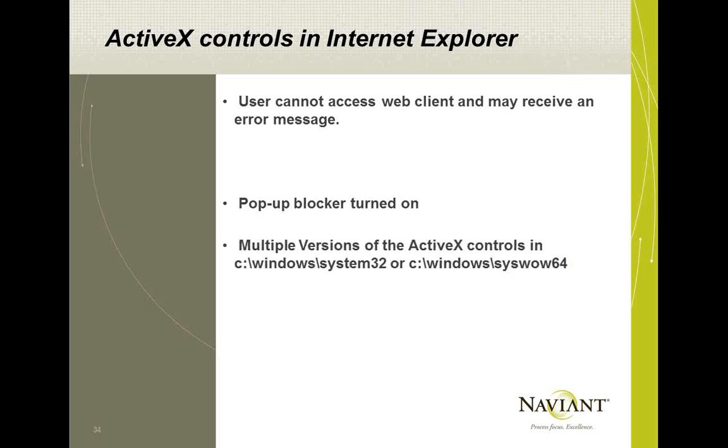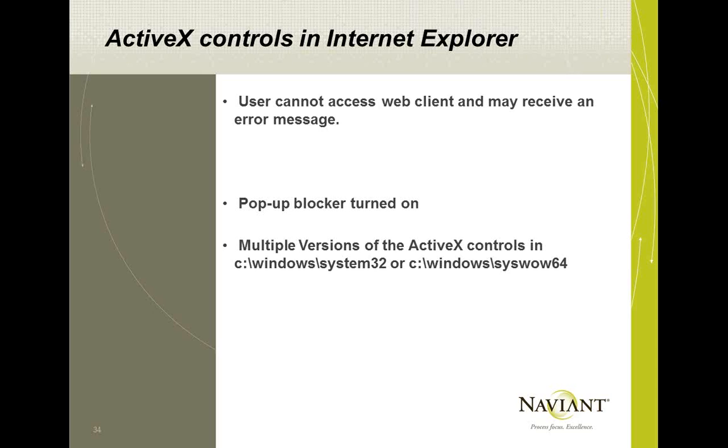Multiple versions of ActiveX controls. Now, this has gotten better with time. This used to be a bigger issue in older versions, where you didn't want to have more than one version installed on your machine at a time.